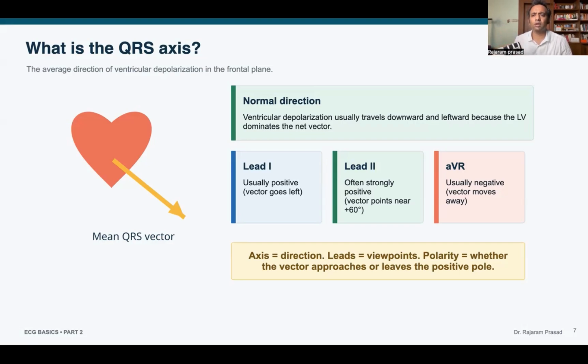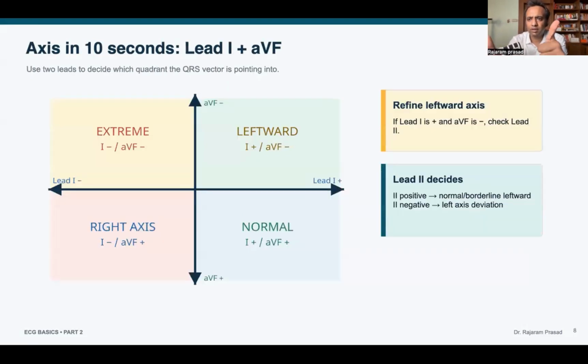If aVR is positive, then there is an abnormal ECG; something is wrong. But lead 1 and lead 2 usually will be positive. Here is a very simple way: just keep two thumbs. See if both aVF and lead 1 are positive; that is enough. If both are positive, it's a normal axis. If aVF is positive and lead 1 is negative, it is a rightward axis.